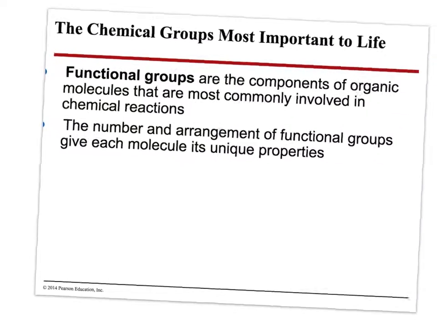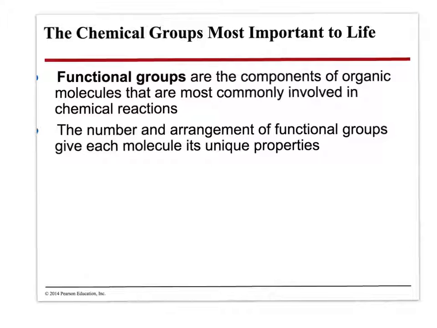So what we were discussing when we're talking about those side parts off of the carbon chain are what we call functional groups. The functional groups give the carbon molecules their purpose. They change their function.